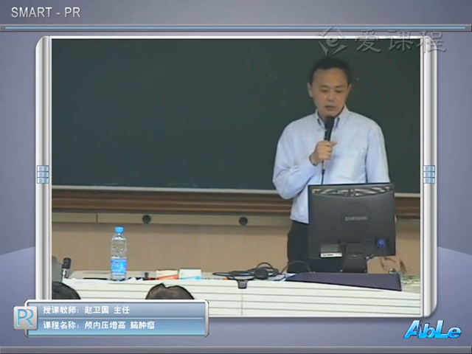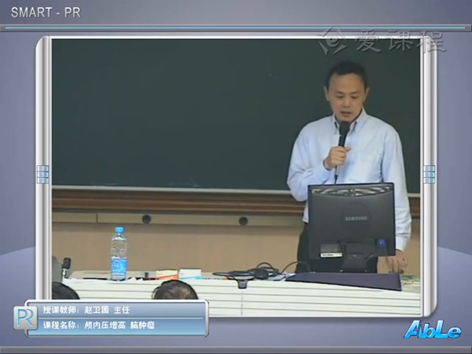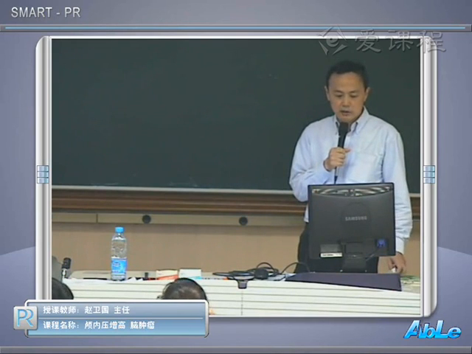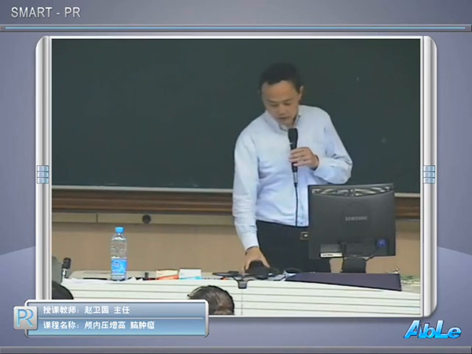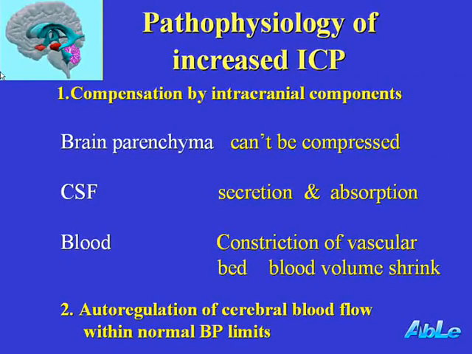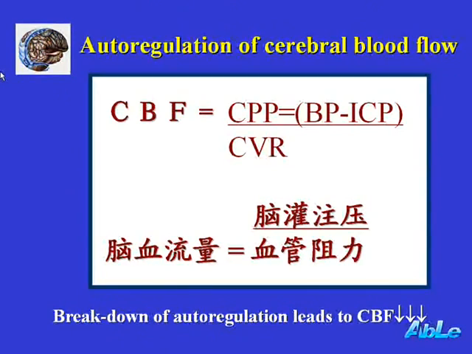So within the normal blood pressure limit, there is an auto-regulation of cerebral blood flow. The human being has been designed quite wisely by nature.